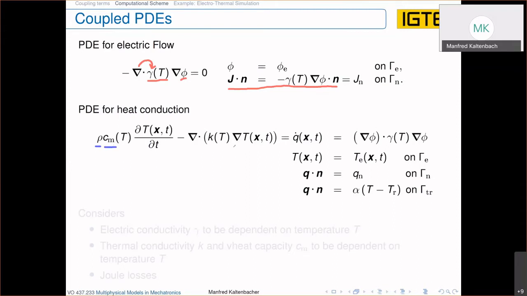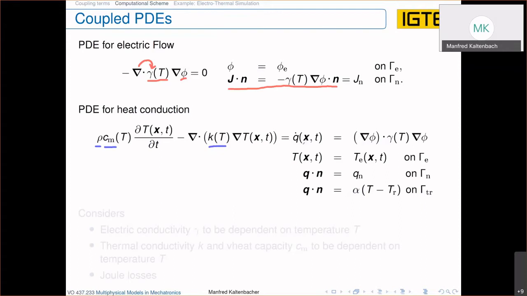And then we have the same operator as in the PDE for electric flow, where we have the divergence on the heat flux being expressed by minus the gradient of T scaled here with the heat conductivity K.